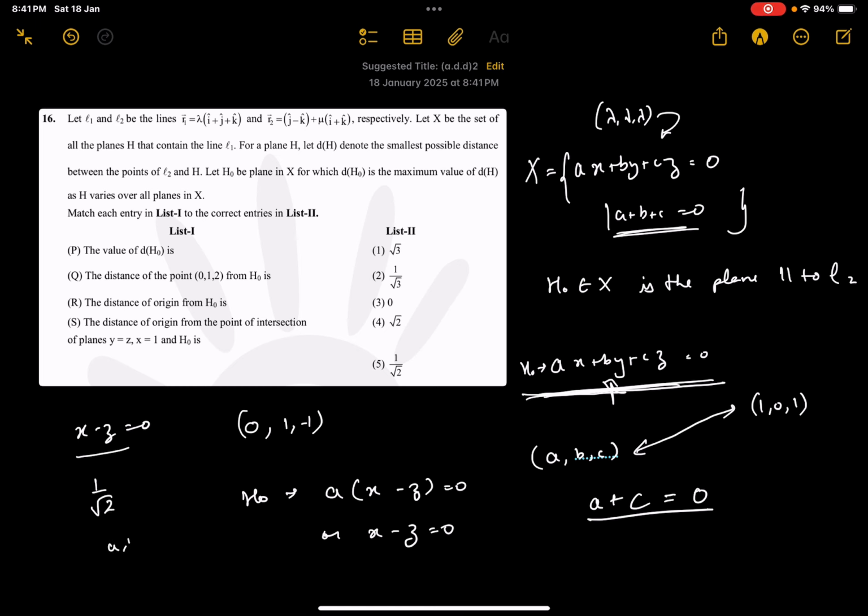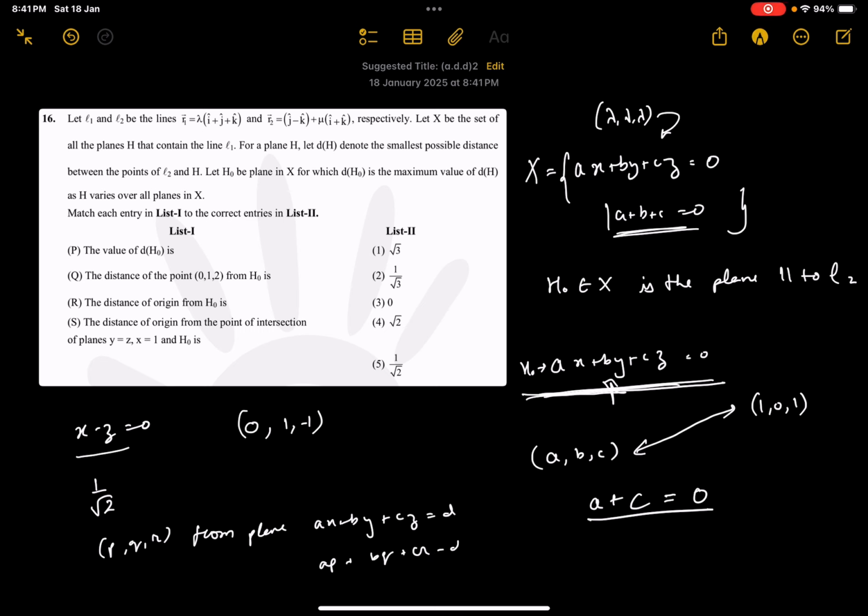Because the distance of point P comma Q comma R from plane ax plus by plus cz equals d is given by mod of ap plus bq plus cr minus d, upon root of a squared plus b squared plus c squared.